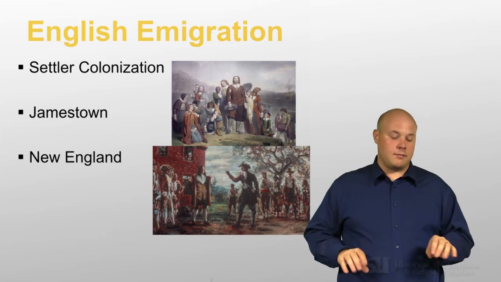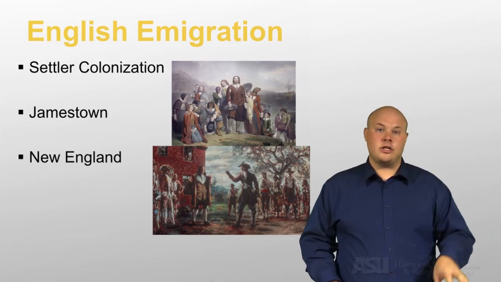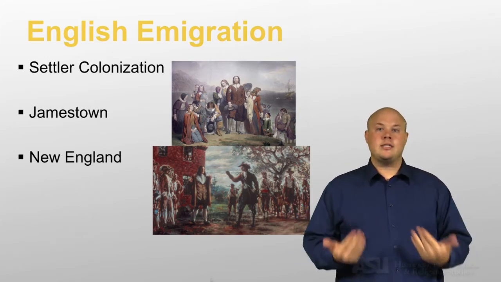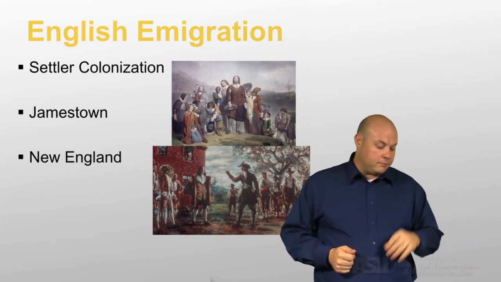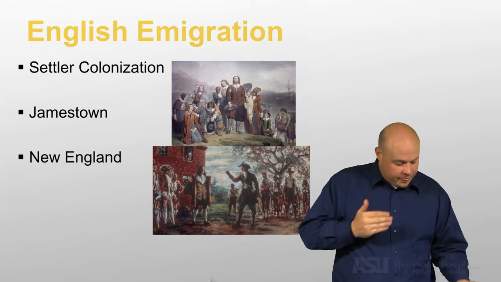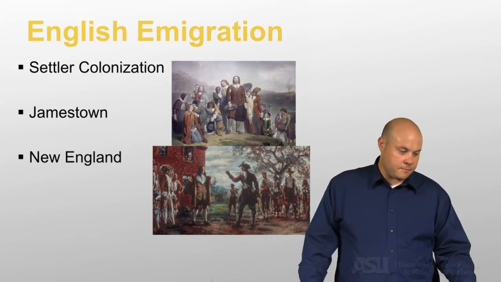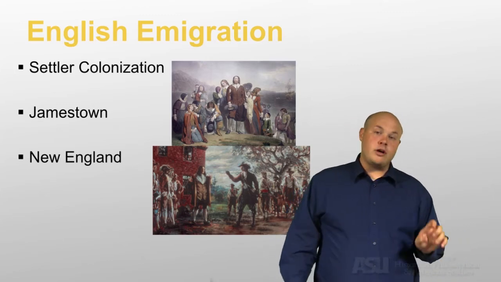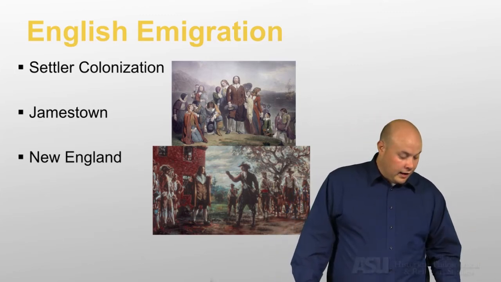The Powhatan Confederacy, I'm sorry. He's going to use the English against his own enemies, and so he trades with them and brings them foodstuffs. But in Jamestown, there are 104 settlers at the very beginning. Nine months after they land, only 38 of them are left alive.